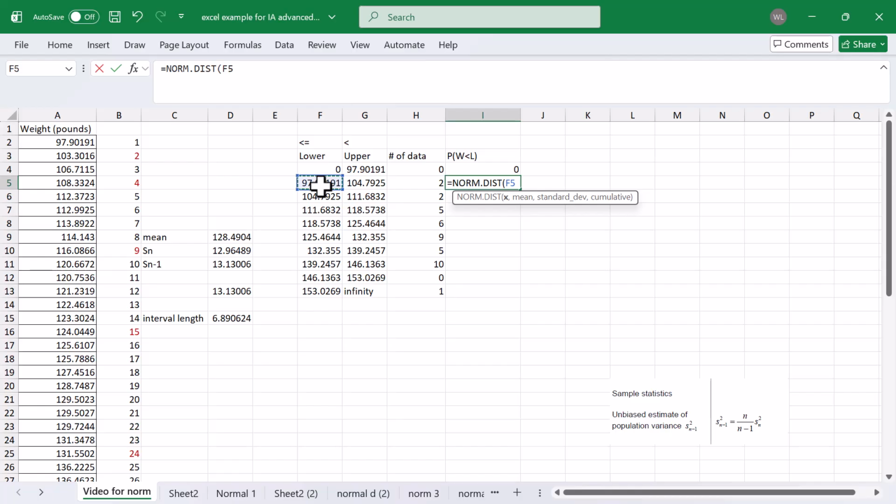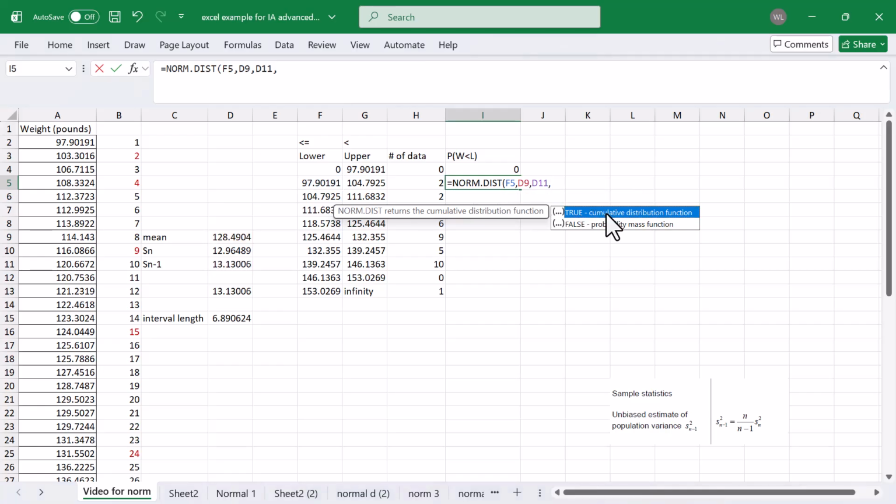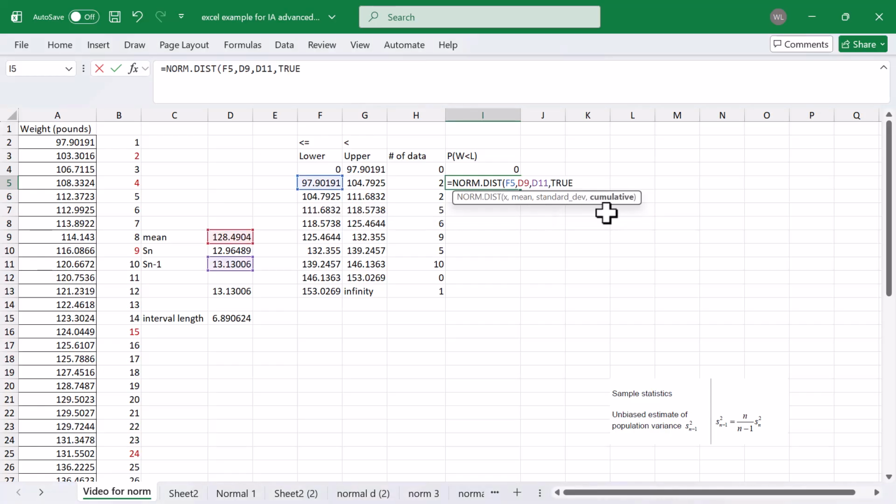The value is a lower bound, comma, mean is this. The standard deviation, we will use this S sub n minus 1. Then click this true. Parentheses back, enter. You got this probability.